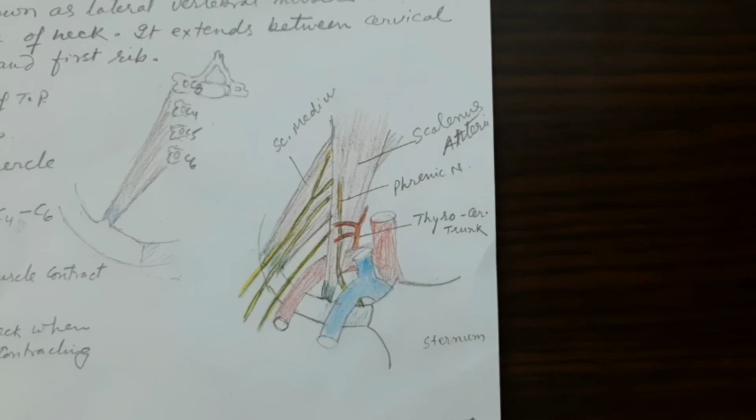So the thyrocervical trunk and vertebral artery, and on the left side it will be the thoracic duct, and on the right side the lymphatic trunk, not drawn in this diagram, but they are also relations on its medial side.